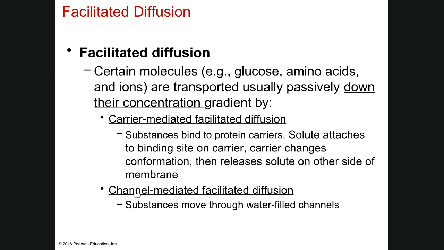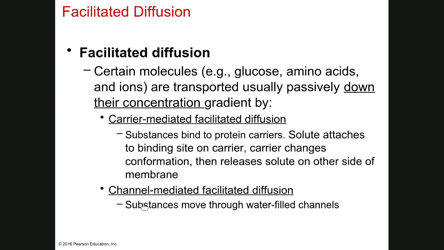The second type of facilitated diffusion is channel-mediated. We're going to be dealing mostly with channel-mediated in this class. Channel-mediated facilitated diffusion is simply that you have a channel, a narrow open space in a protein that's embedded in the membrane, and the substance, whatever it is, will move through that channel.